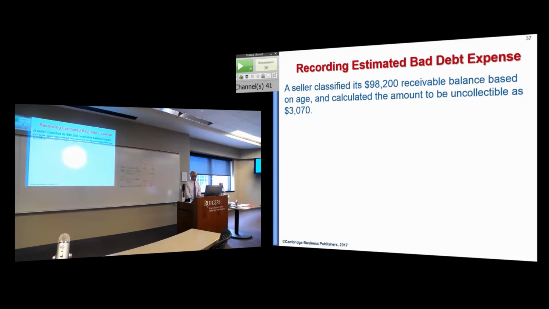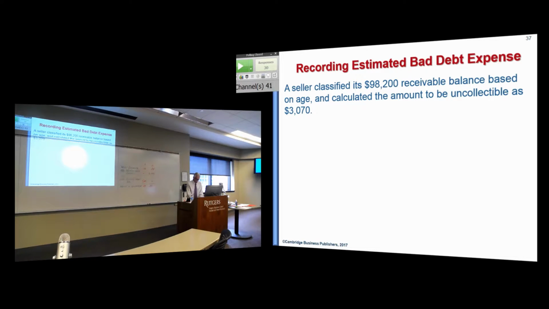Now, at the end of the year, by the way, this should be 560. Okay? So the 560 is the receivable balance. I think I corrected that. I just didn't load up the right slides here. It should be on Blackboard, should have the correct amount, but just cross that out for now. So the 560 receivable balance, based on aging, they determined that the uncollectible accounts should be 370.